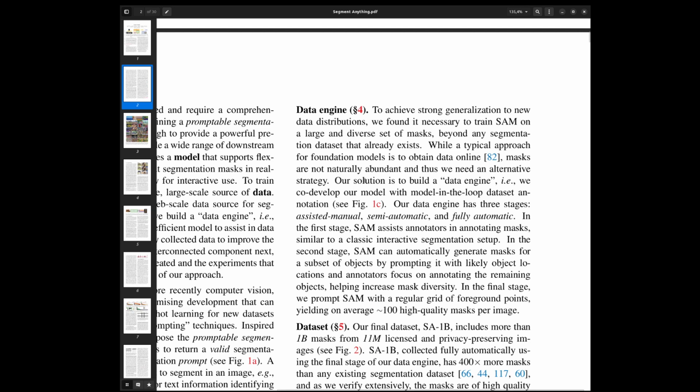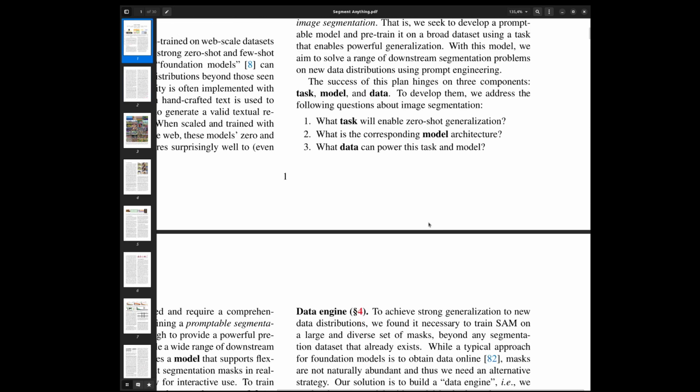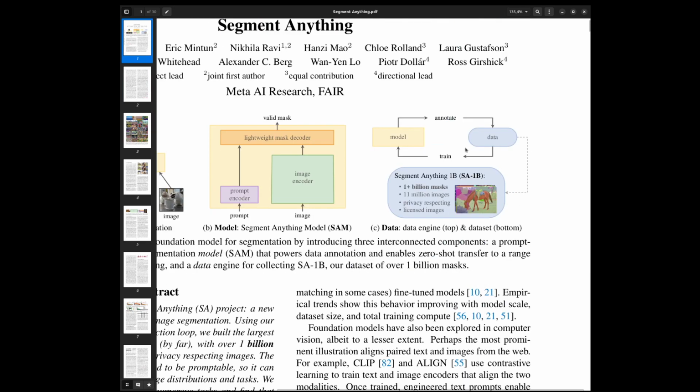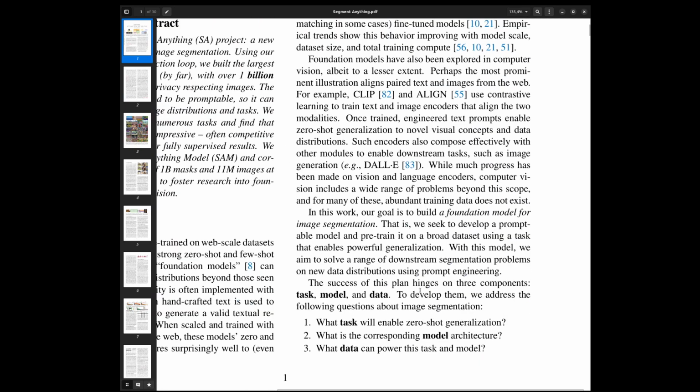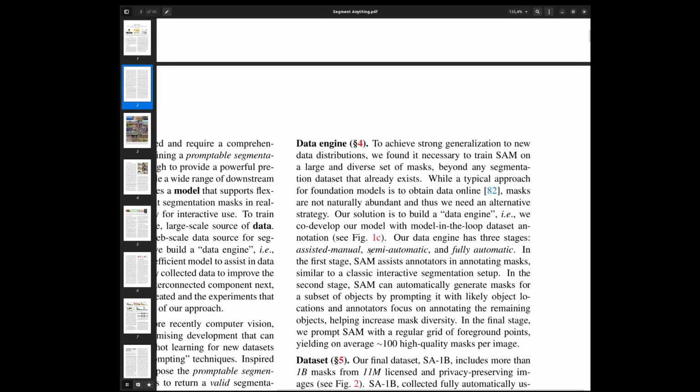Okay, our solution is to build a data engine. We could develop our model with model-in-the-loop dataset annotation. See figure 1c. So I guess, okay, makes sense.